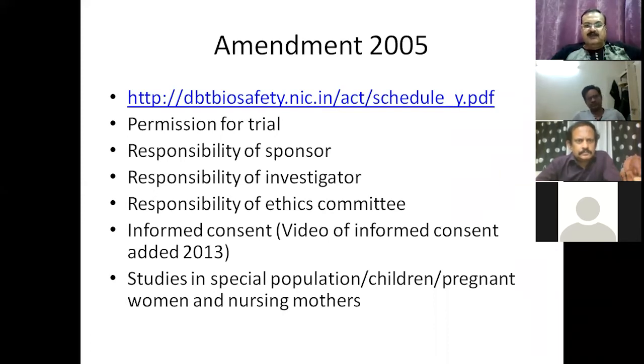In 2005, they included that every trial has to be approved by DCGI. It also fixed the responsibility of sponsor, responsibility of investigator, and responsibility of the ethics committee. It also introduced informed consent. Prior to 2005, there was no concept of informed consent in Schedule Y.